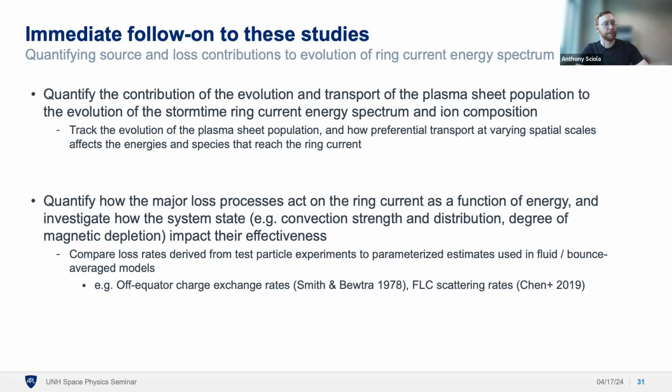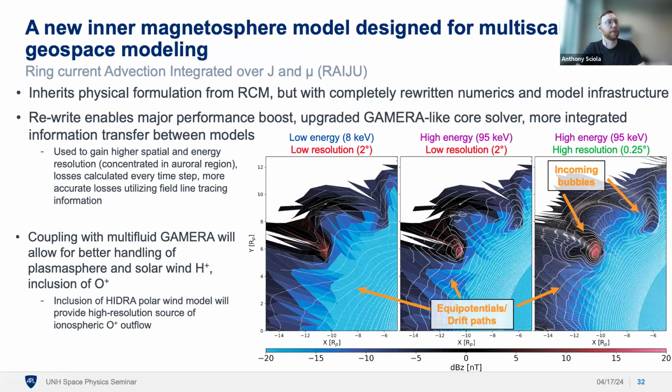But this is also very timely to dig into these details, because we're also in the process of developing a brand new intermediate model. We're calling this the Ring current Advection Integrated over J and U, or RIJU model, which is quite an acronym. Basically, this model inherits the physical formulation from RCM, but has completely rewritten numerics and model infrastructure from the ground up.